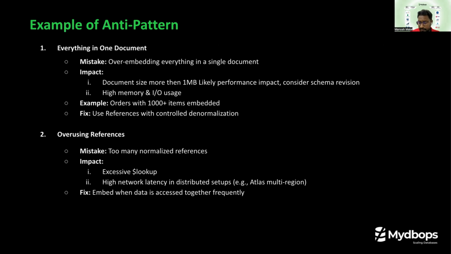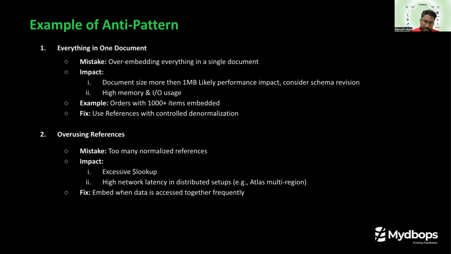Before going to the next part, I would also like to share a few anti-patterns. We already discussed a few things, but let's keep it as a review here. One thing: don't keep everything in one document, and don't overuse references either. This is contradictory, but you need to be in the middle.